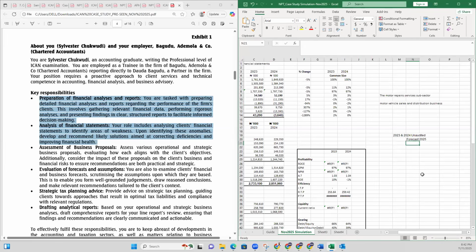Or you cannot have 2025 management account. We are still in 2025 now. Yes, we are still in 2025. So you cannot have 2025 management account or a complete account.